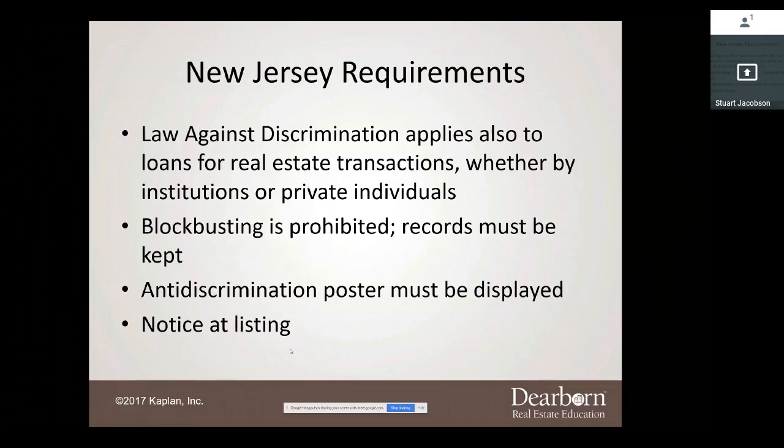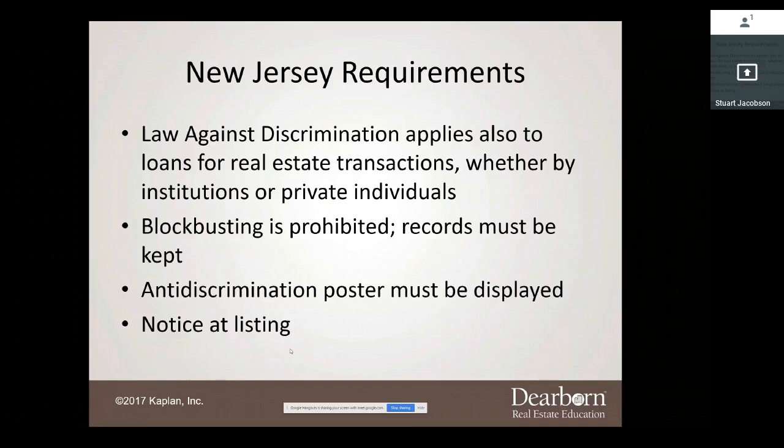Blockbusting is prohibited. Okay, so soliciting areas, again, there's a difference. We have to understand what blockbusting and soliciting is. Okay, because those two are very different. But what happens is those two dance a fine line, depending on how you present your solicitation. It could be misinterpreted as blockbusting. But if you present it a certain way, and there is no fear induced based on a protected class coming in, you're A-OK.